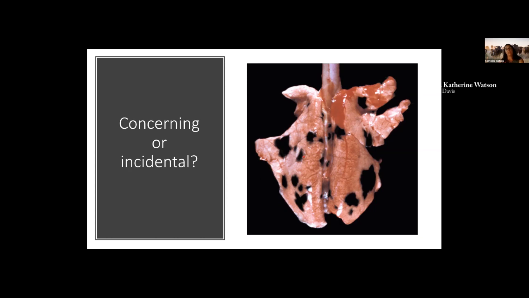So in looking at this picture to the right, you can see that there are all of these black spots that are scattered throughout the pink tissue. So if you had to guess, is this concerning or is this incidental, like not important, what would your guess be?